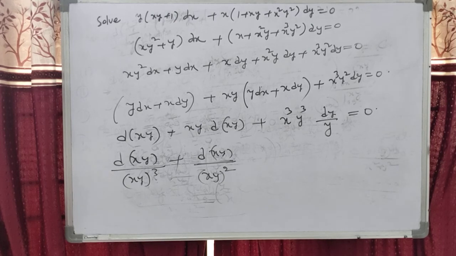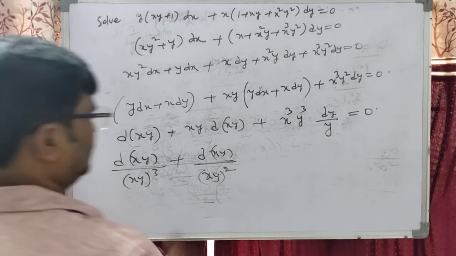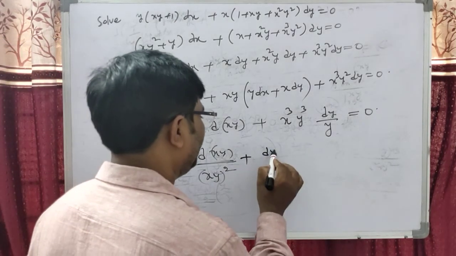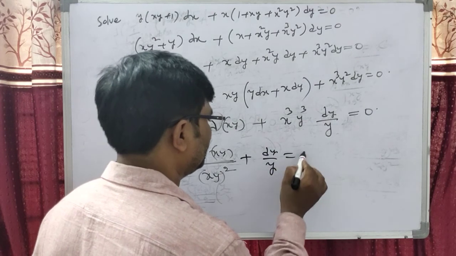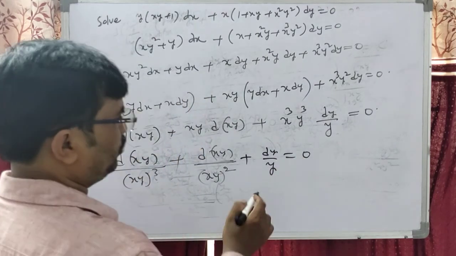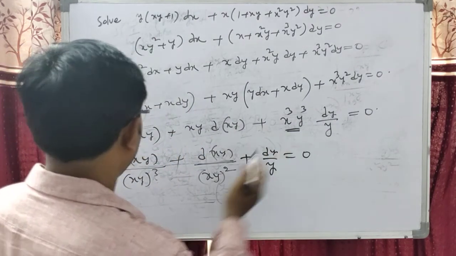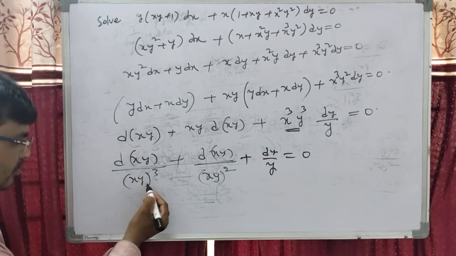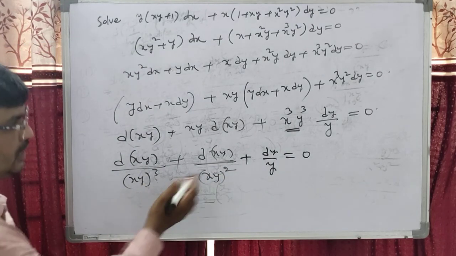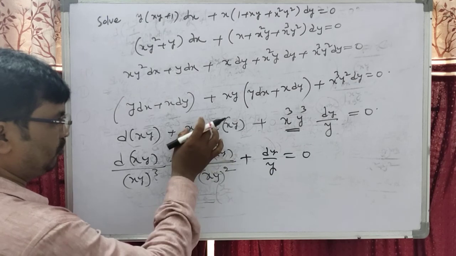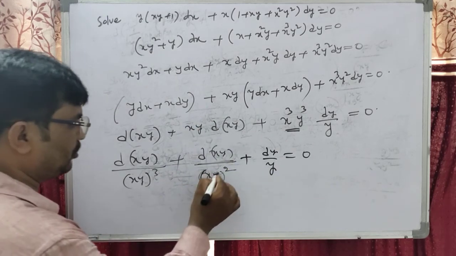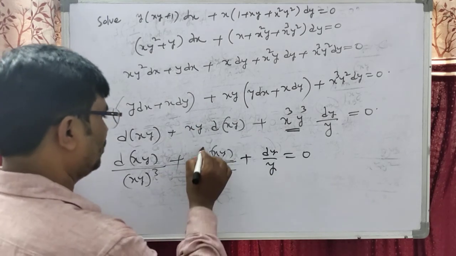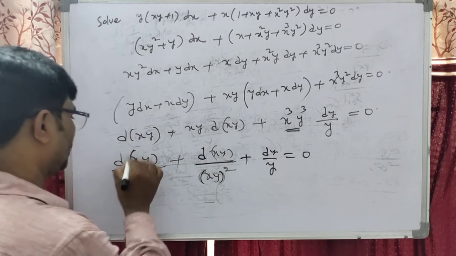So xy whole square, and this is dy by y. Dear students, understand? We have to divide this term by xy whole cube. This is the derivative of xy by xy whole square after one time cancels.